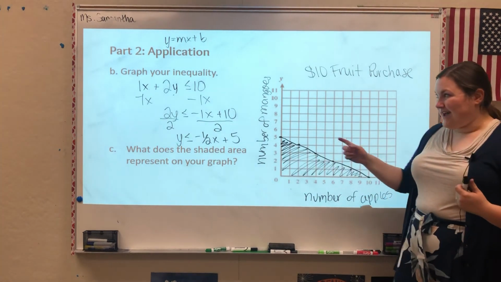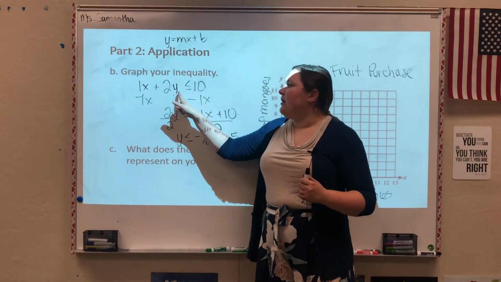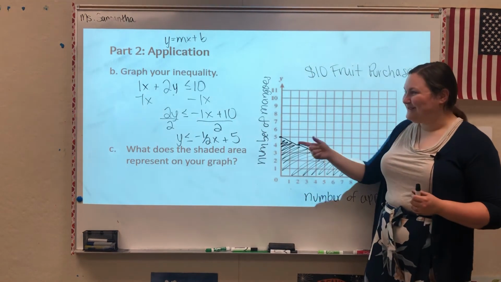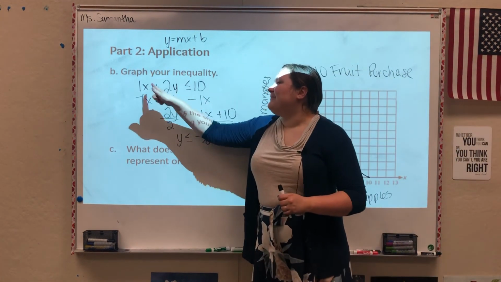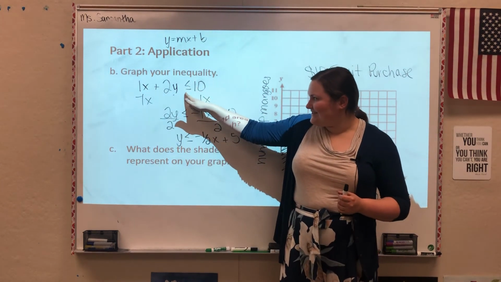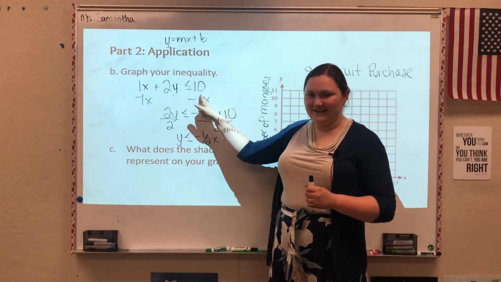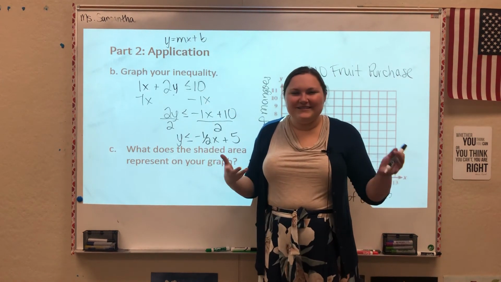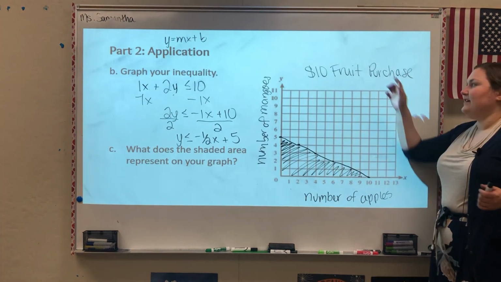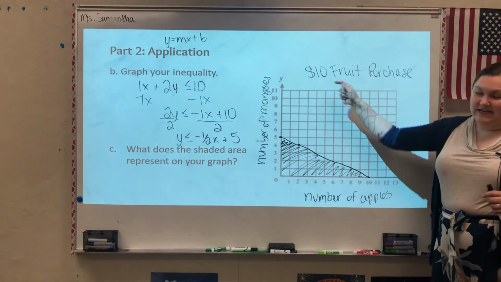Another way to think of that is we are showing all the numbers of fruit, the numbers of apples and mangoes that you can buy where your purchase is less than or equal to $10. It's just a different way of saying we're showing all the different amounts of fruits you can purchase by spending at most $10.